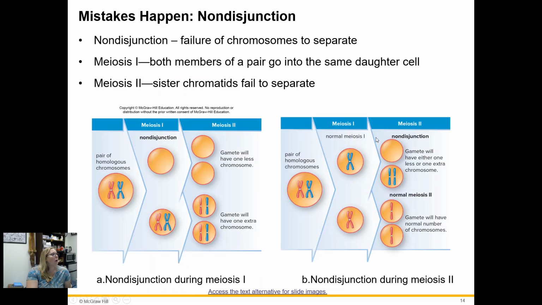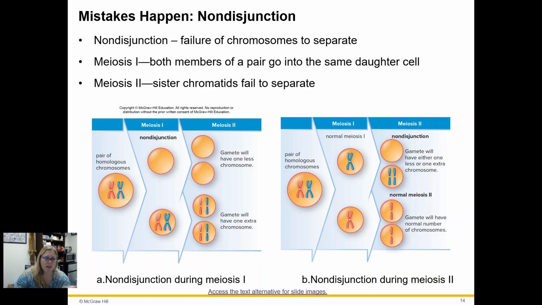Okay? When we look at mistakes then, what happens if meiosis has a mistake? You could still see cells going through apoptosis as a result, because if the cells don't have the right things to cross those checkpoints during interphase, if there's damage to the DNA, if the cell has a problem, a lot of times those cells will still go through apoptosis.